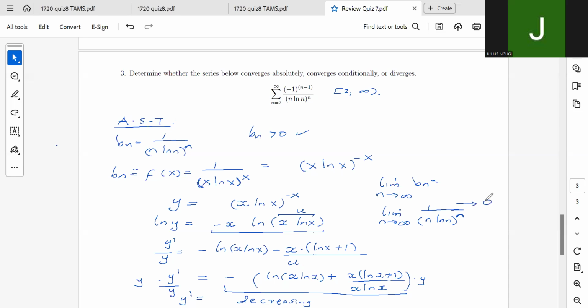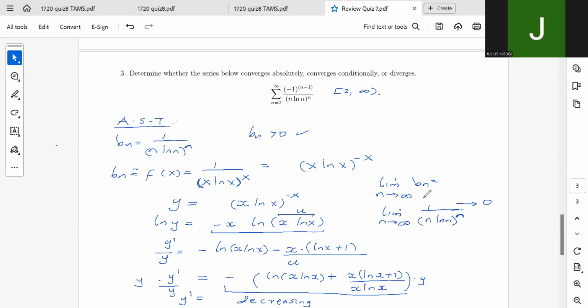Or we can use the p-series and compare 1 over n ln n to the power of n with 1 over n to the power of n. You observe that 1 over n to the power of n, with n starting from 2, converges, and that one is bigger than 1 over n ln n to the power of n. So this function will converge.